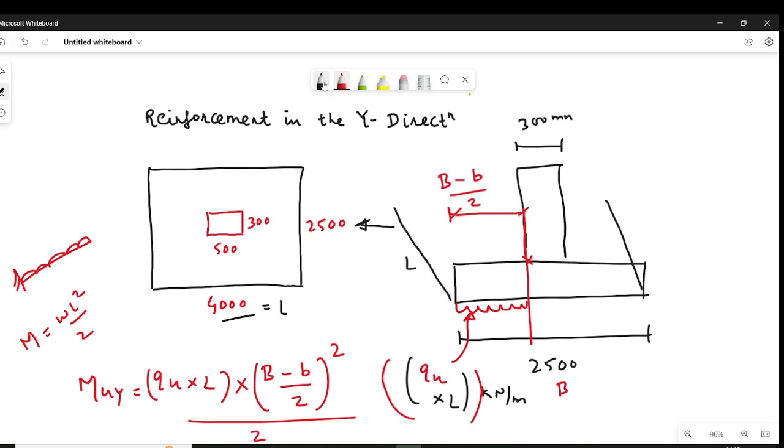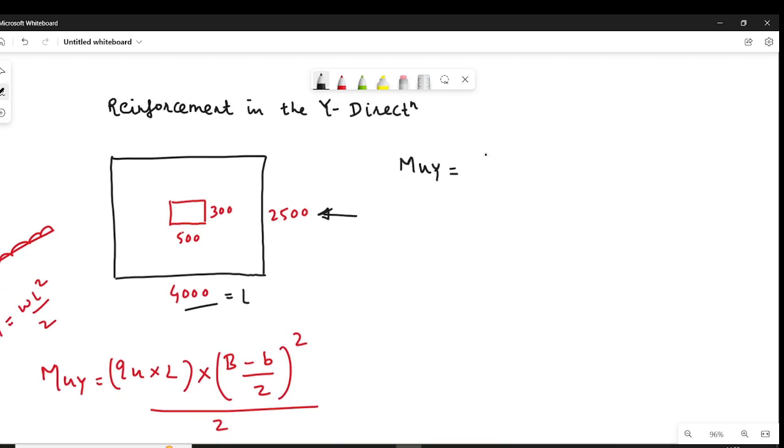Now we just have to substitute the values of all these elements. MUY equals QU, which is 225 kilonewton per meter square, into 4, the value of L is 4. We have to take it in meters.